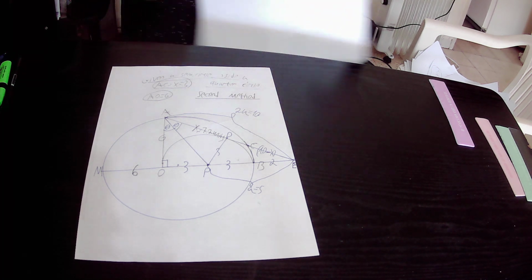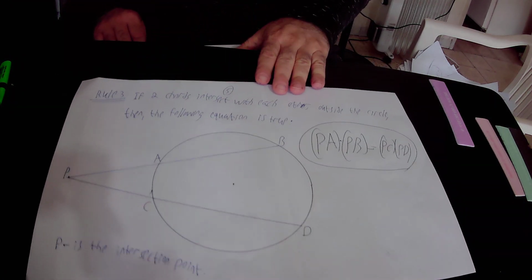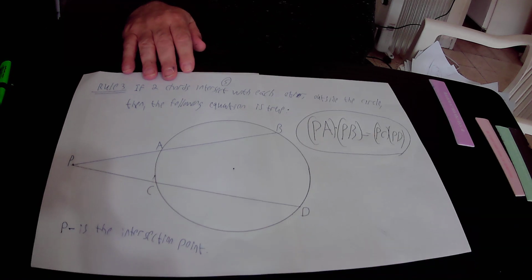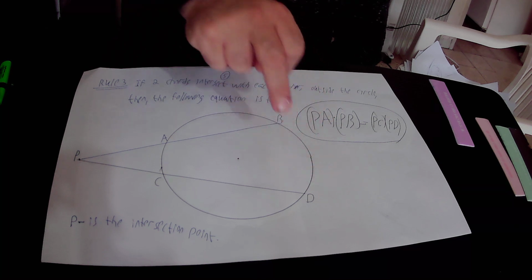Then I presented to you rule number 3. According to rule number 3, if two chords intersect with each other outside the circle, then the following equation is true. So here we have chord AB that intersects with chord CD.